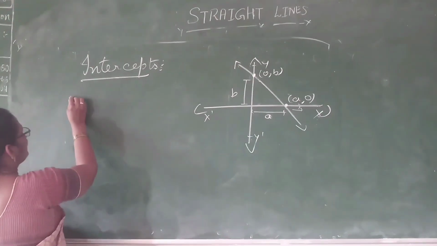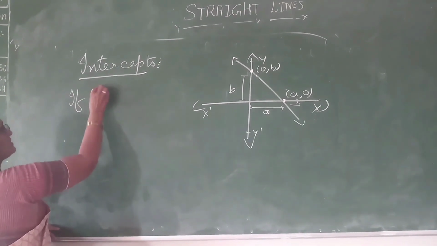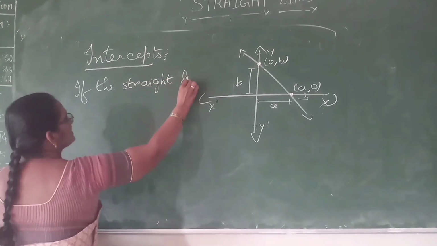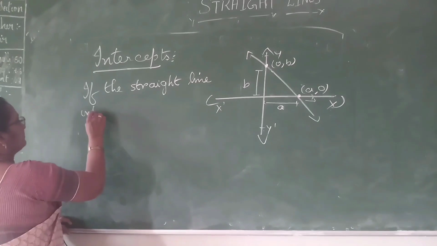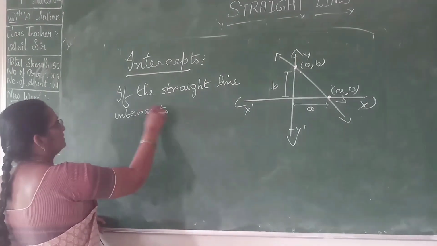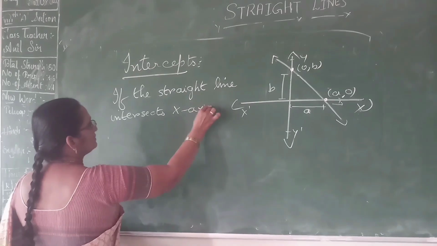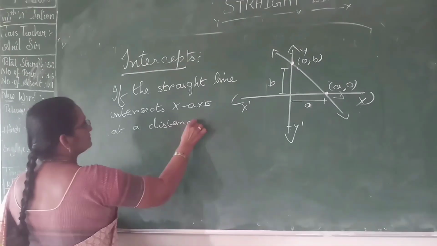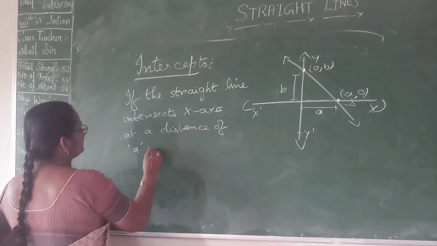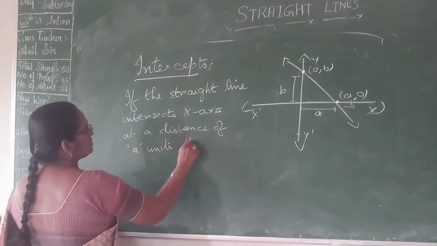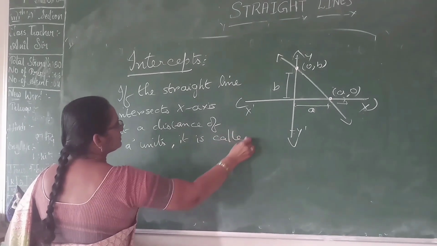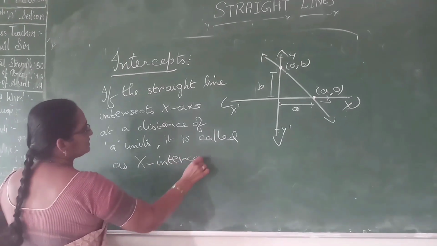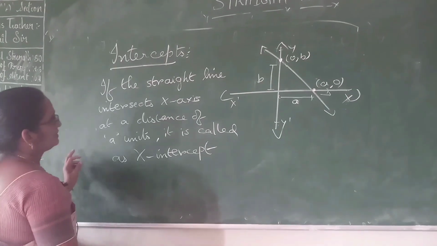So, if the straight line intersects the x-axis at a distance of a units, it is called the x-intercept.